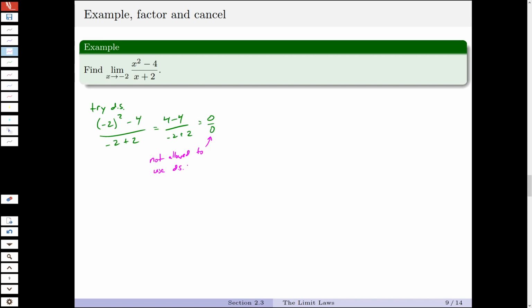The second thing is, when we end up with 0 over 0, I know that when I'm plugging into a polynomial, if I plug in a number and it gives me 0, that means the number I plugged in is a root, so x minus that number is a factor. So what I can do is try to factor this.